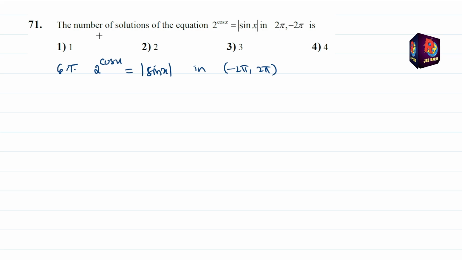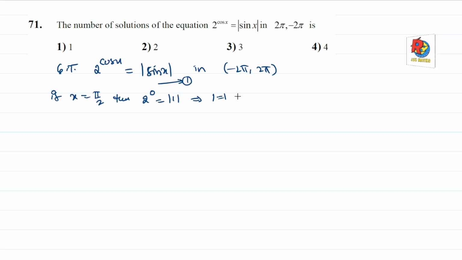For example, if x equals 90 degrees, then 2 power cos 90, where cos 90 is 0, and sin 90 is 1. Anything power 0 is 1, therefore 1 equals 1, satisfied.